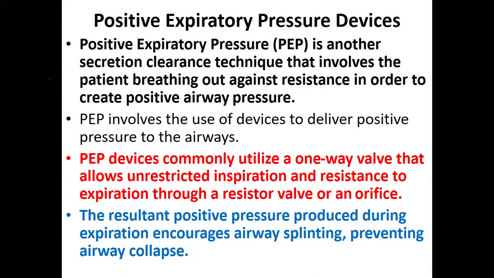Note that this unrestricted inspiration allows as much air as possible to go in and restricts the expiration so that it creates this positive air pressure. The resultant positive air pressure produced during expiration encourages airway splinting, preventing airway collapse.